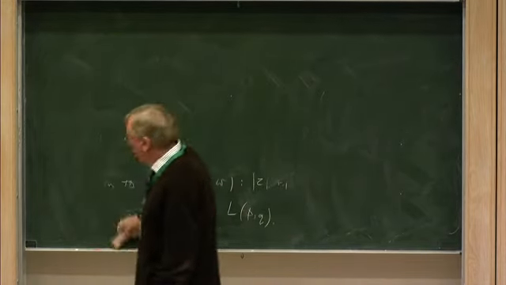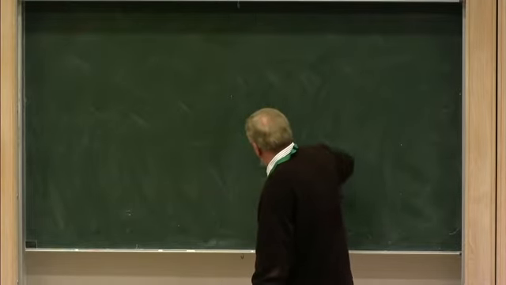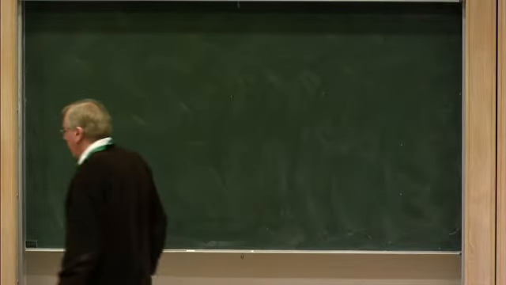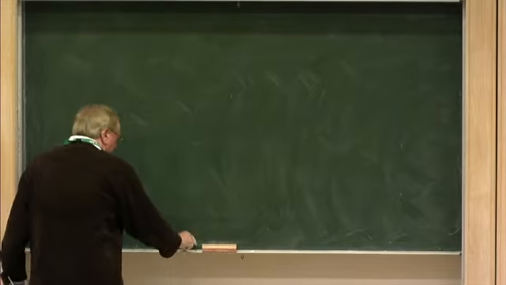Similarly, you can define a bi-order, where the order is invariant under right and left multiplication.